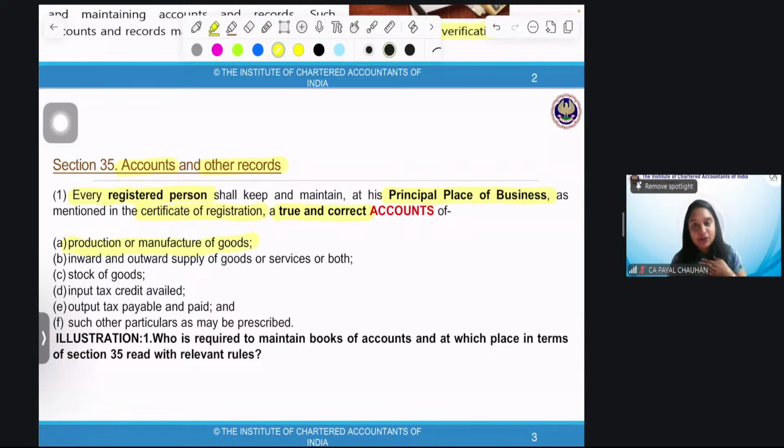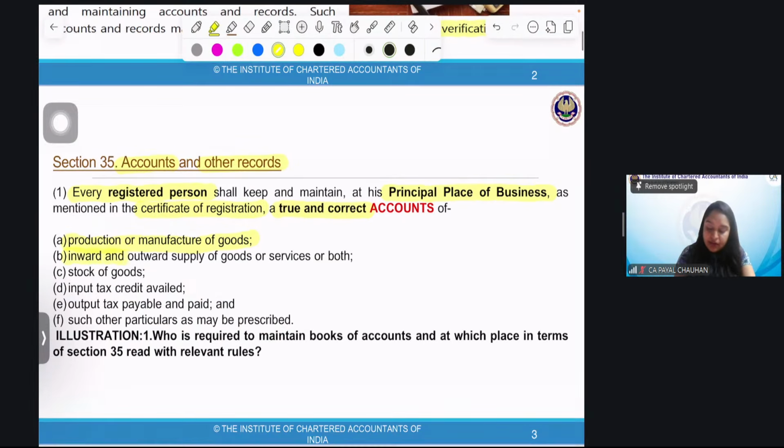I am a manufacturer, so it is very important that I maintain a production or manufacture of goods account. Inward and outward supply of goods or services or both. Whatever goods or services I have taken, or supplied, I have to maintain an account. Stock of goods, every kind of stock, work in progress, finished goods, I have to maintain an account.